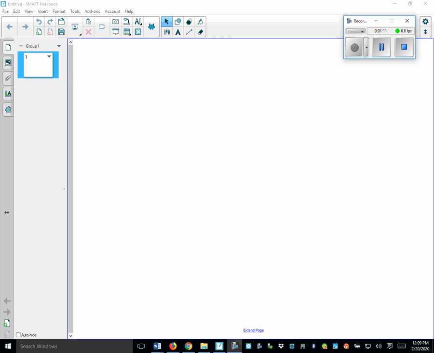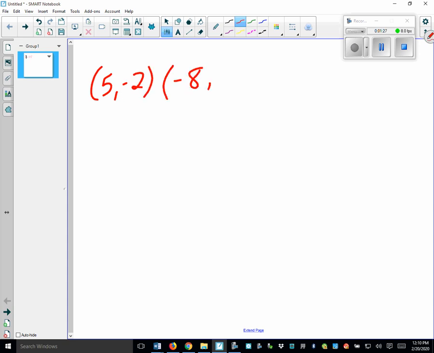All right. Now, if I tell you you have 2 points, such as (5, -2) and (-8, 1), and I ask you to write an equation of this line in slope-intercept form, what do I have to find first?